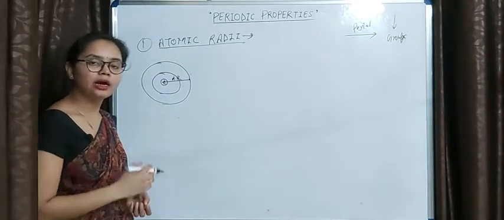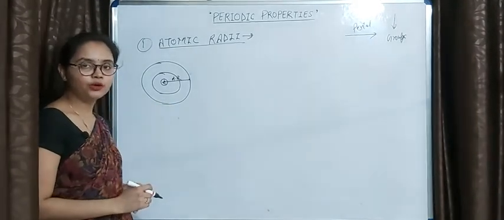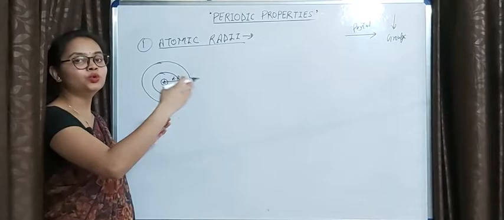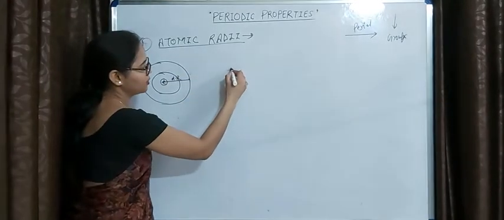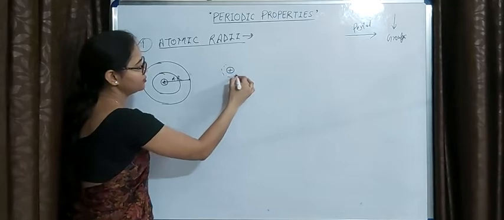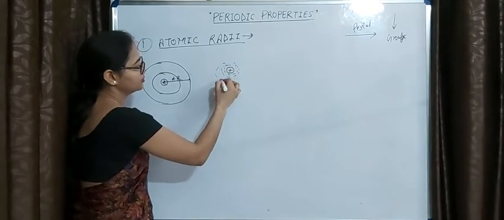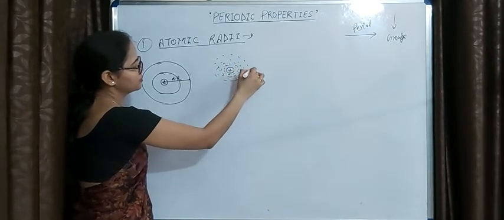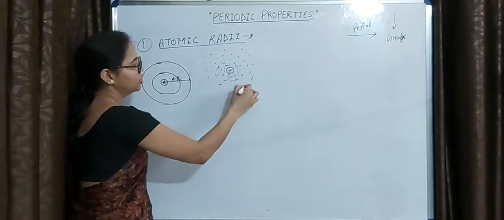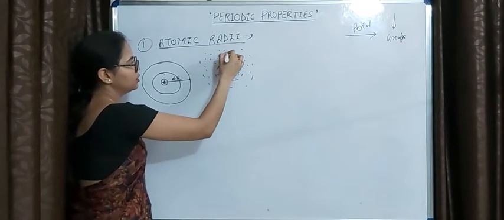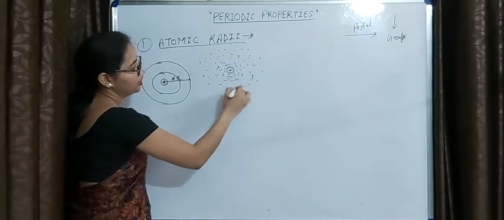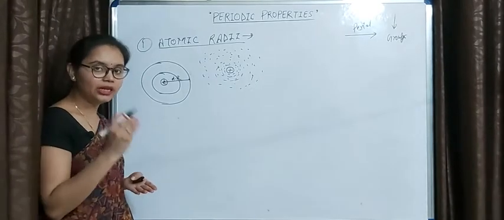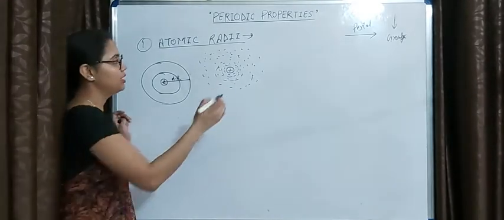But according to the quantum mechanical model, we know that electrons extend around the nucleus to infinity. So which area will we take as the orbit?